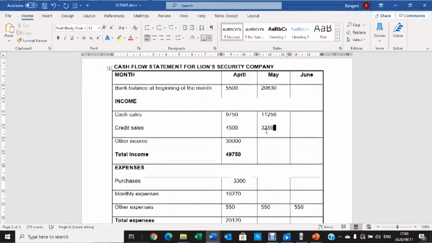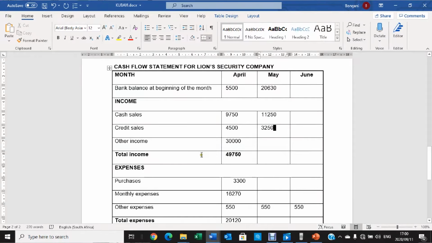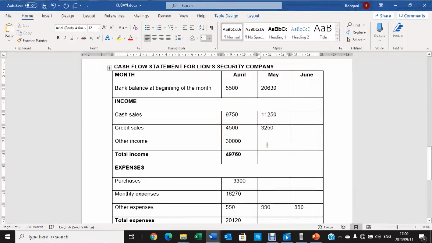3,250. Then we don't have other income which is going to take place in the month of May, so we ignore that one. And then we move to the total income.